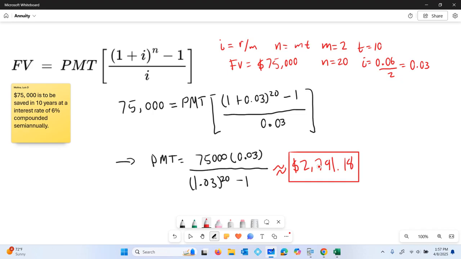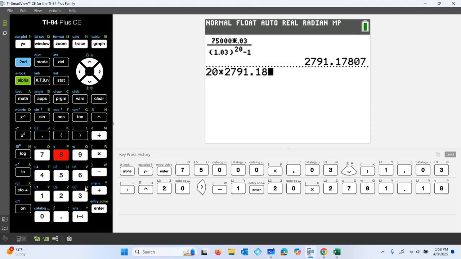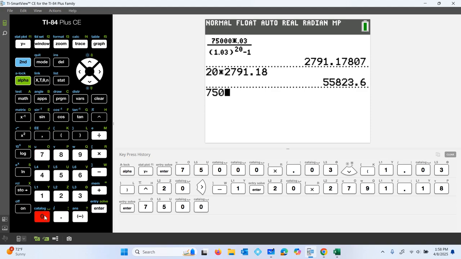Okay. Now notice this though. If we want to find the interest, what we would need to do is take 20, multiply it by 2791.18, and subtract that from 75,000, the contributions actually.